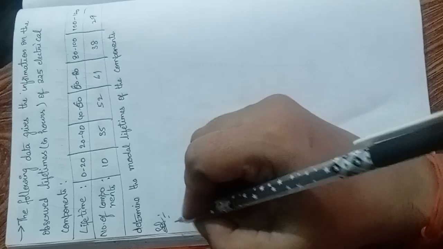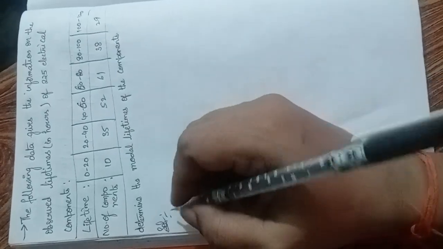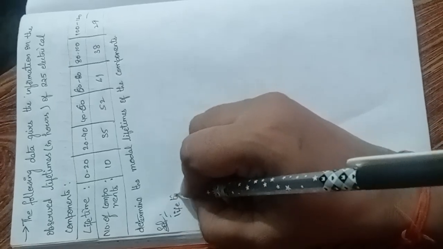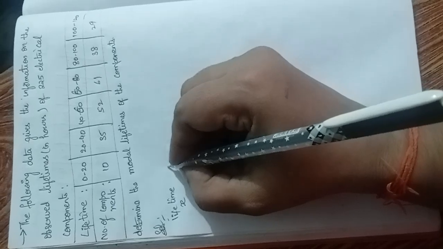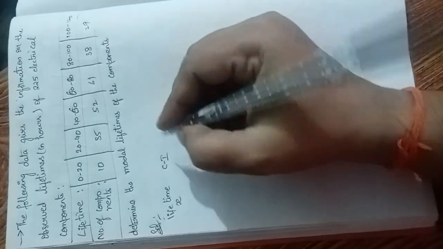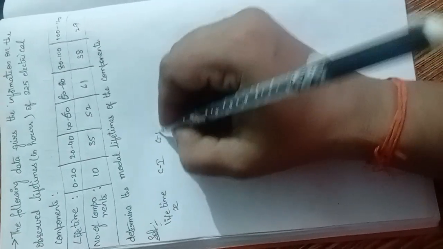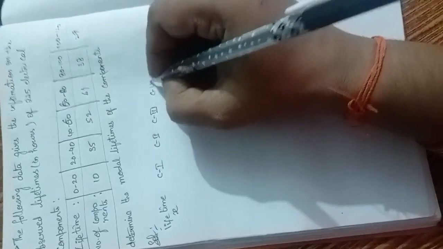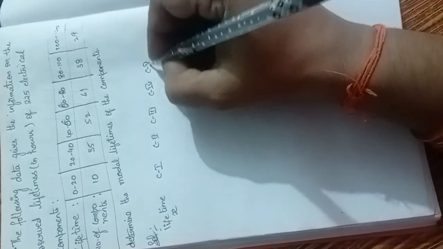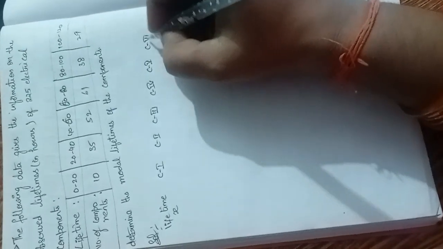First, you write the given table. Lifetime, let it be x, and the frequency must be taken as column 1. So here we write 6 columns: column 2, third column, fourth column, fifth column, and sixth column.